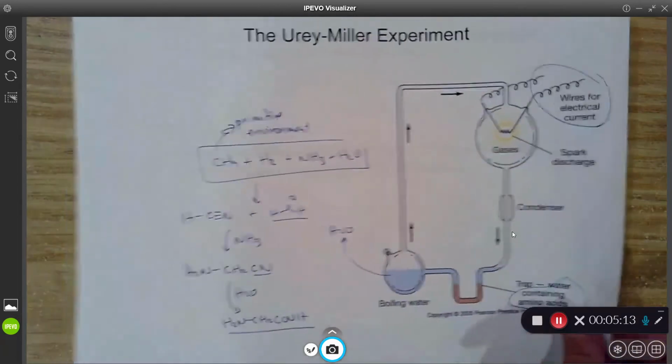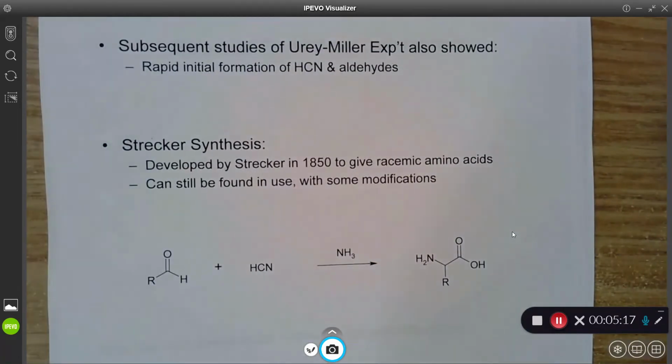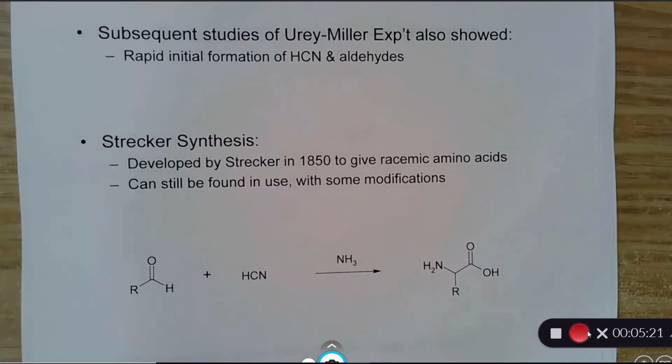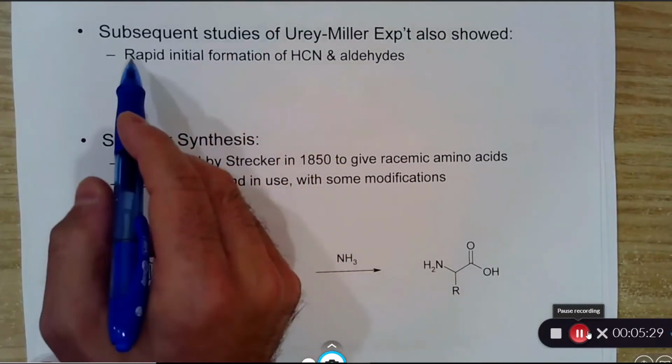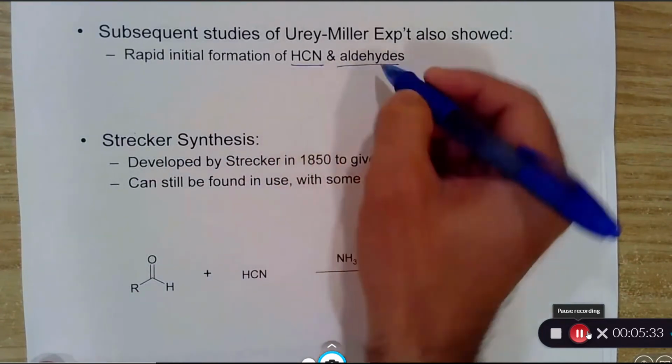So let's take a look at, or summarize, some of those findings from that experiment. Okay, so what they noted was that during the Urey-Miller experiment, they got rapid initial formation of hydrogen cyanide and aldehydes.